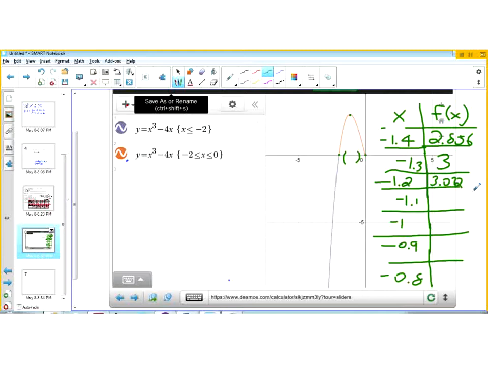Okay. Let's try -1.1. That's 3.069. Let's try -1.